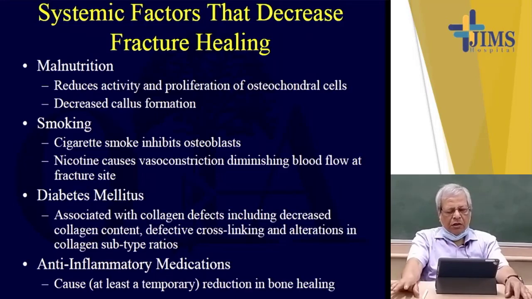The patients are told, suppose a patient had a fracture, underwent treatment, either conservative or operative. After 9 months, it failed to heal. Then he comes to the surgeon. The surgeon always says, if you are a smoker or you take tobacco in any form, stop this. Otherwise, even if I operate, your fracture is not going to heal.